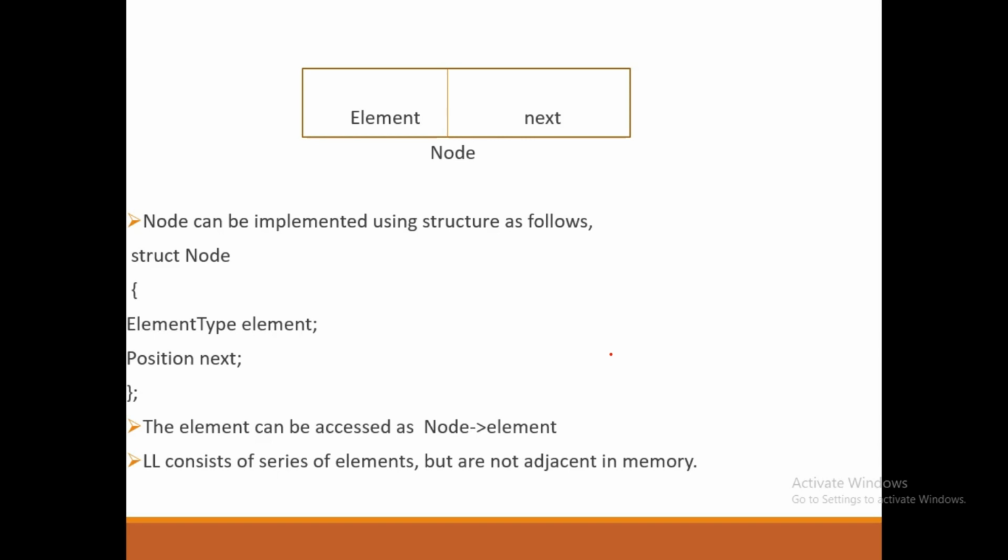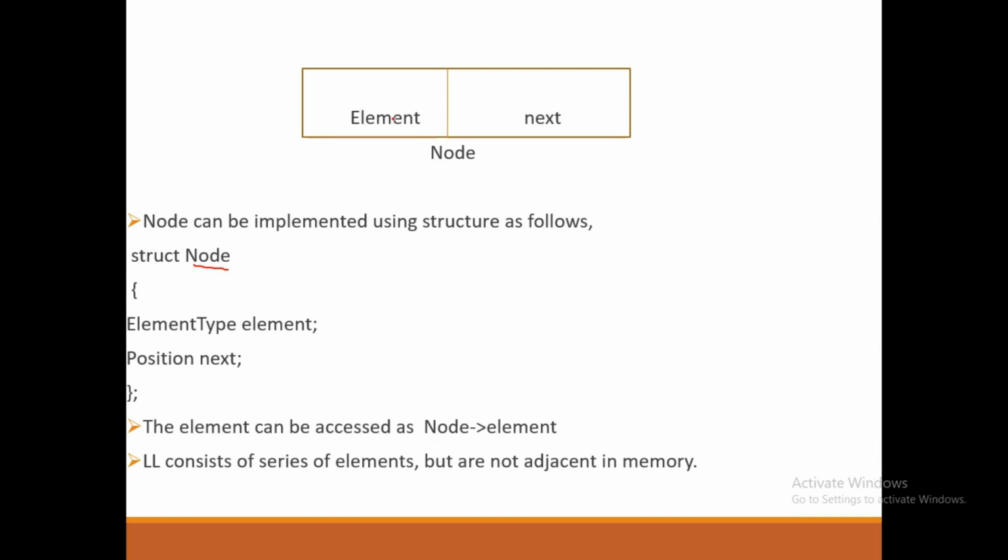Now, if you want to implement this node, we have to go for using a structure. As you all know, a structure in C begins with the keyword struct followed by the structure name. We have given the structure name as node here. Then open the curly brace. Here we have to specify the structure elements. As this node is having two parts, the first part is the element.